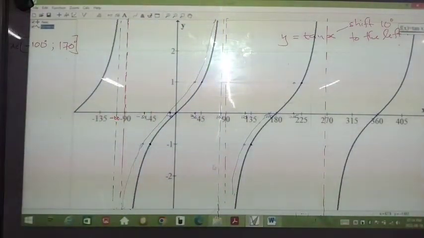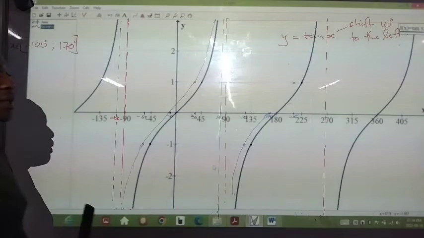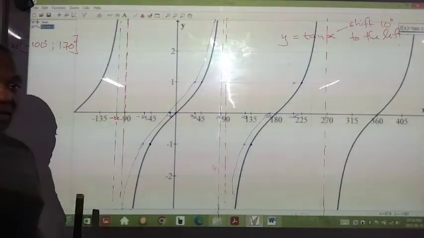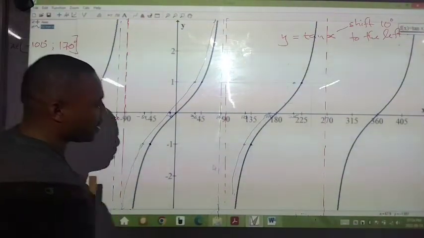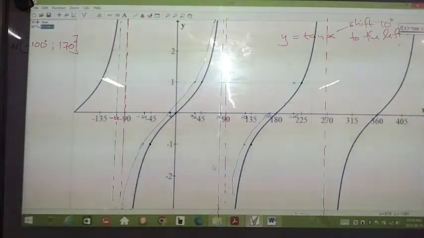Alright, so basically that's the easy way of drawing these graphs, by understanding the transformation that is happening from the basic graph. Alright, I will display the questions for you to try.